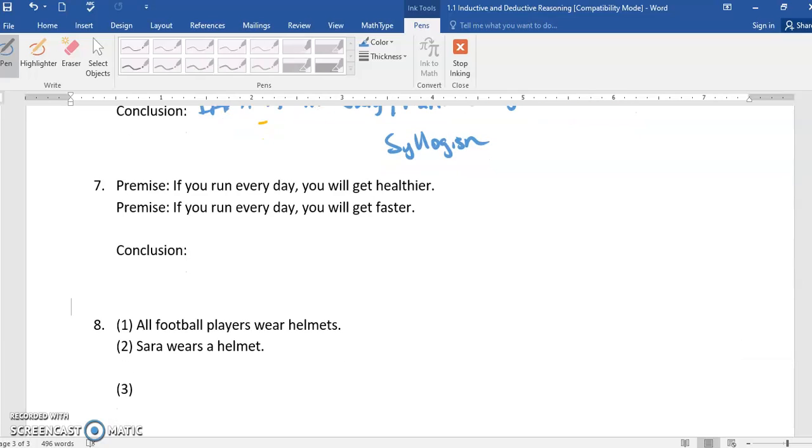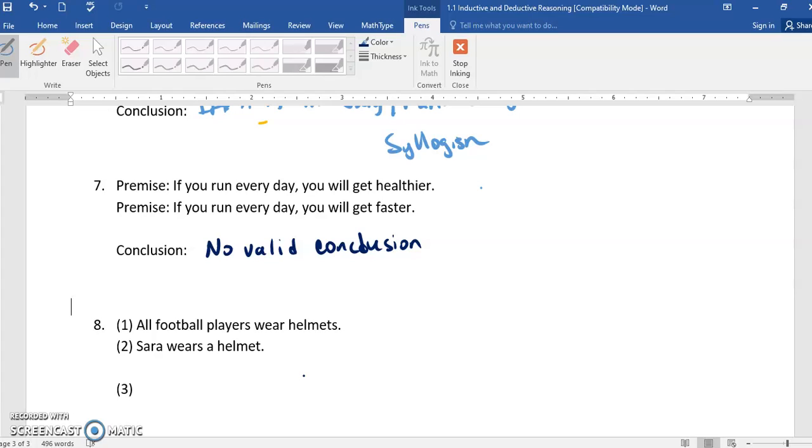If you run every day, you will get healthier. If you run every day, you will get faster. Those 2 things may very well be true, but we cannot make a valid conclusion. We don't have that matching up.